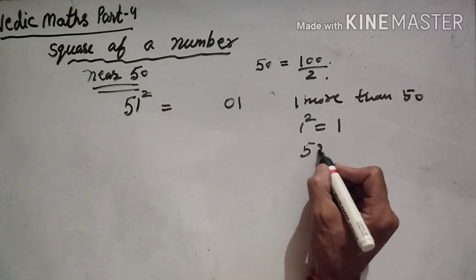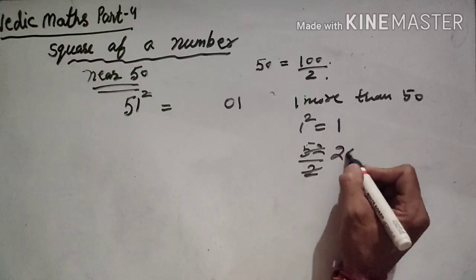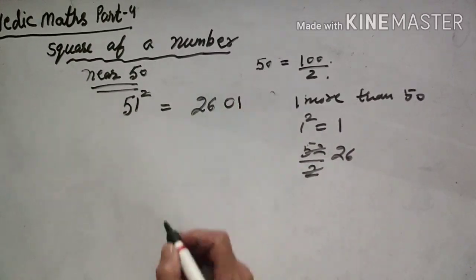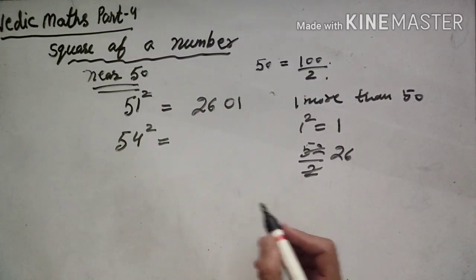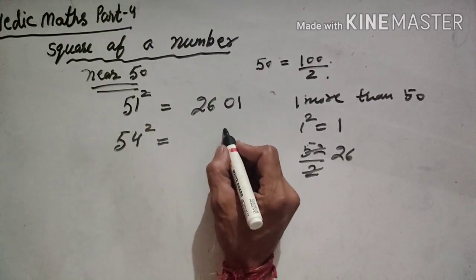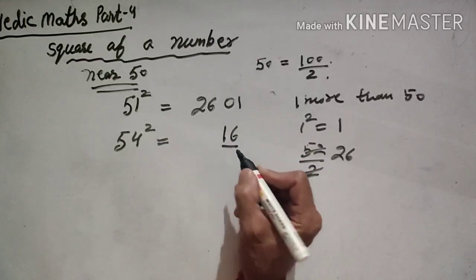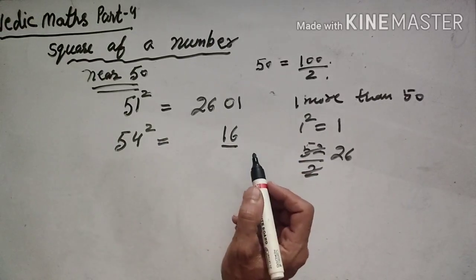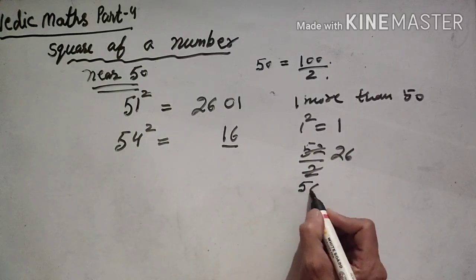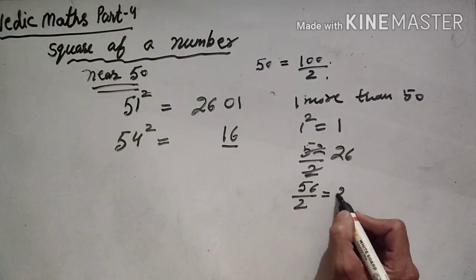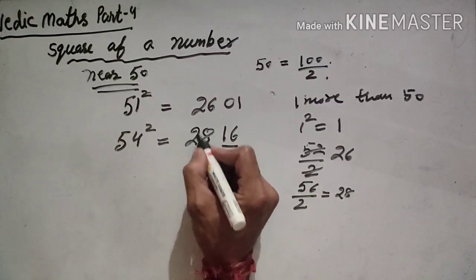Half of 52 is 26, so 2601. Now 54 square, 4 more than 50, square of 4 is 16. No need to add 0 because it is already a 2-digit number. So 54 plus 4 is 58, divided by 2 is 29, 2916.